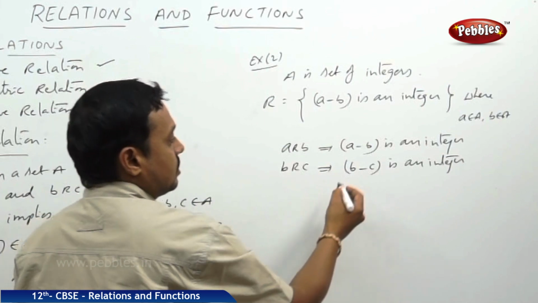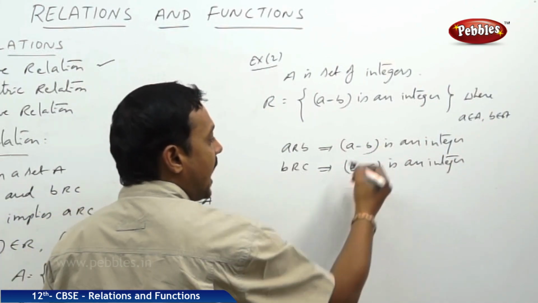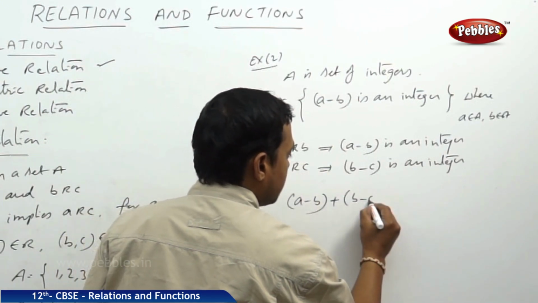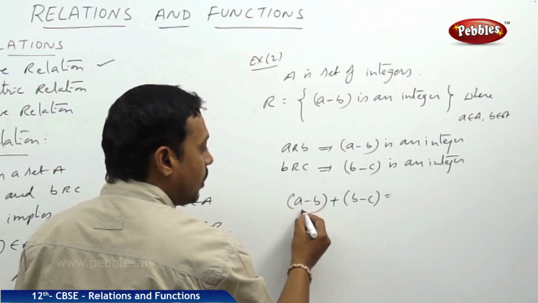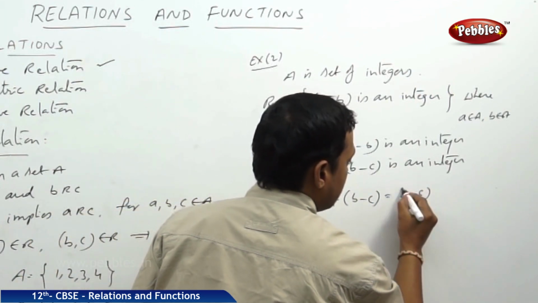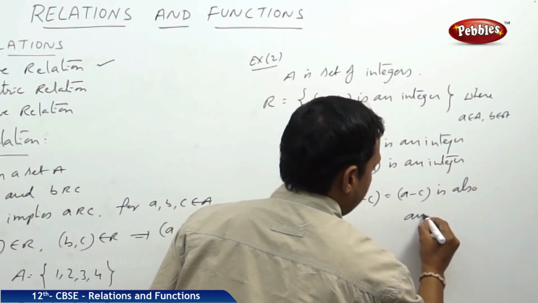Okay. Next, A minus B is an integer, B minus C is an integer. Now while adding these two, A minus B plus B minus C is equal to, what happens? Minus B plus B gets cancelled and it becomes A minus C. Of course, it is also an integer.